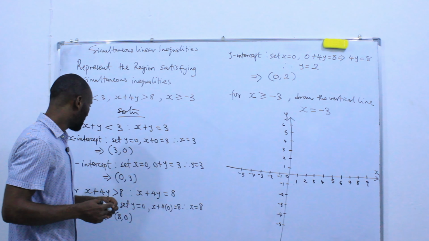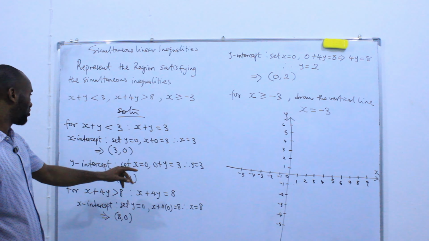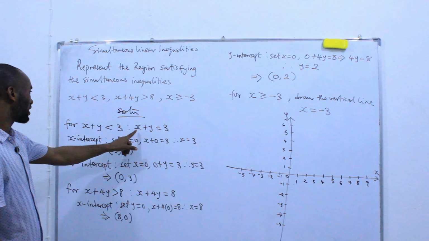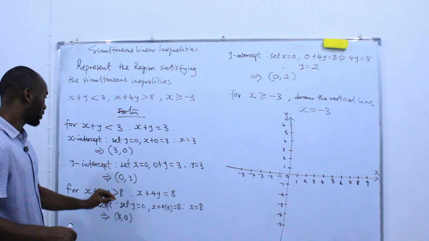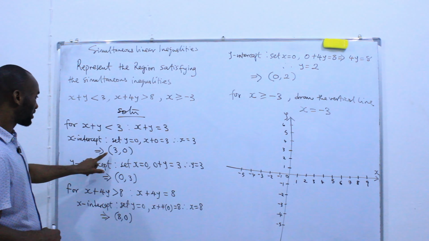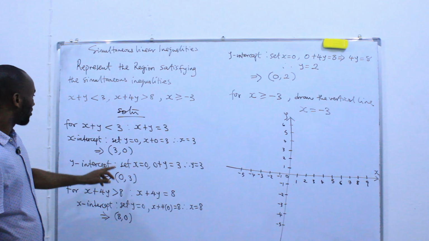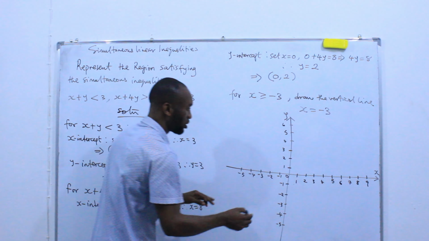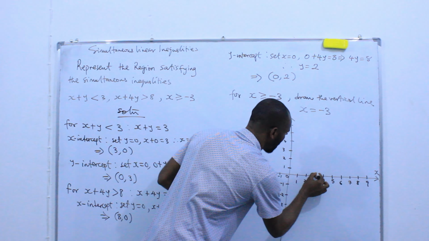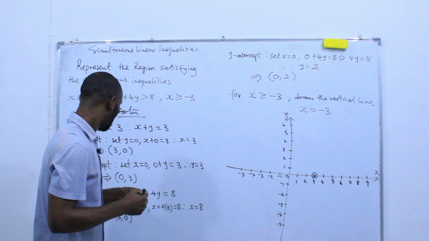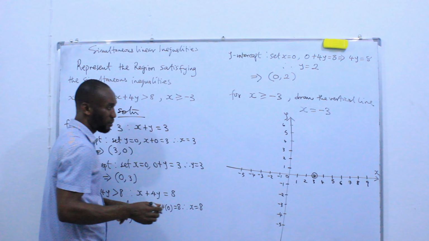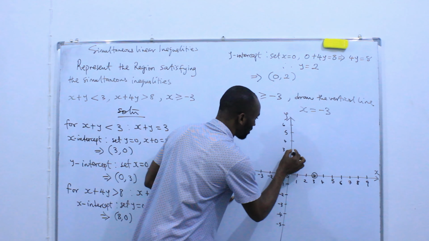Now, the first line I want to graph is the line x plus y equals 3, using the 2 points, the x-intercept 3, 0, and the y-intercept 0, 3. For 3, 0, the point is just here. And for the y-intercept 0, 3, the point is here.